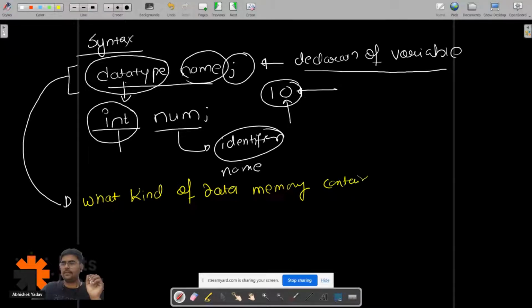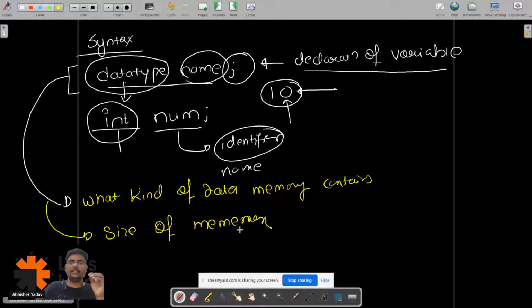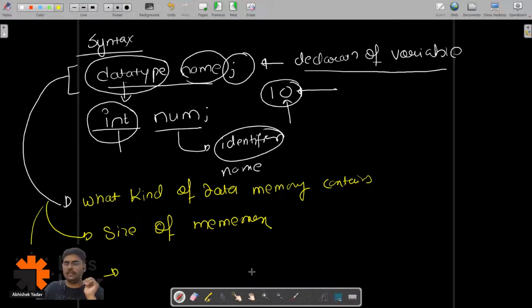The second information is the size of memory, that is how much memory it will take inside my computer. And the third information is about the range part, that is from what range to what range I can store the data in that memory block, right, everyone?